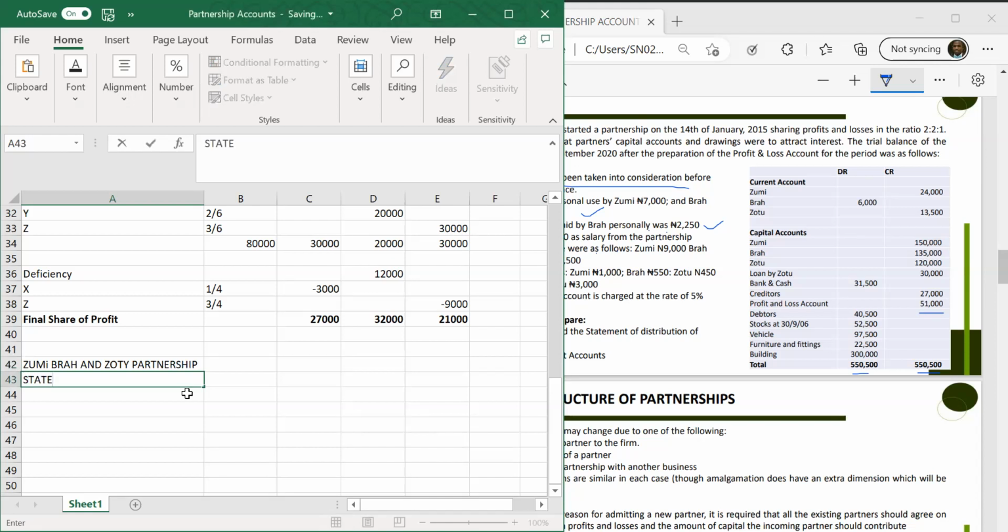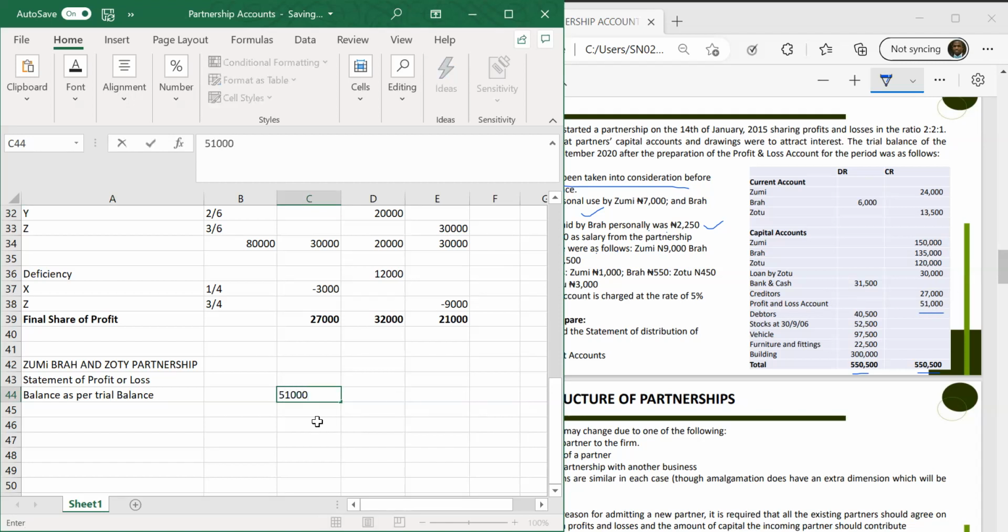Statement of profit or loss. Balance as per trial balance. Let's put that here. So what is the balance as per trial balance?